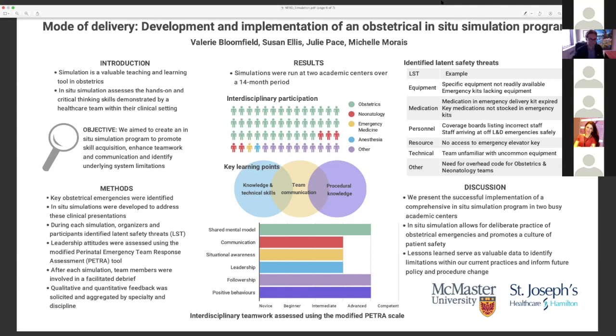So performing an in-situ simulation will not only allow teams to maintain their clinical skills, but also to identify any latent safety threats, or those system-based threats that may interfere with patient care when required. So I think collaborating with different teams within your hospital to develop a robust simulation program on a larger scale really allows for a simulation program to be implemented in individual departments like obstetrics.